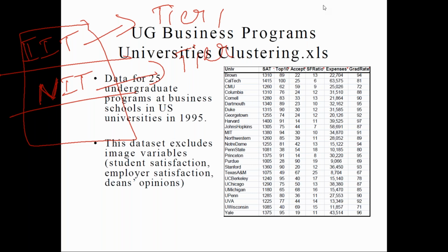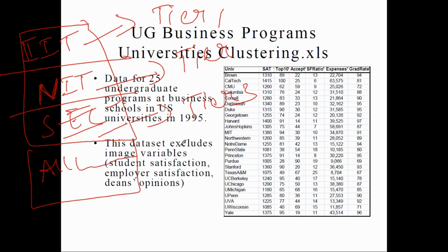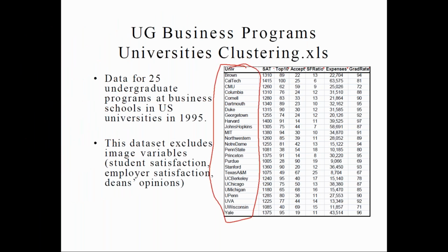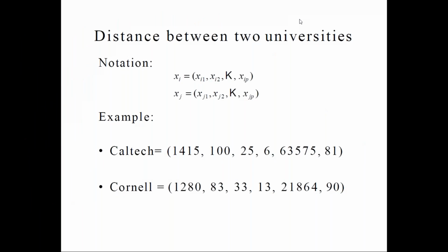IITs are top 1. I'm talking about engineering colleges, Bharat. IIT, NIT, then state regional engineering colleges like PESIT, RVCE, BMS, UVCE, these colleges come into tier 3. Then last, all the other engineering colleges will come into tier 4. So like this, you should form different clusters by implementing your distance formula.